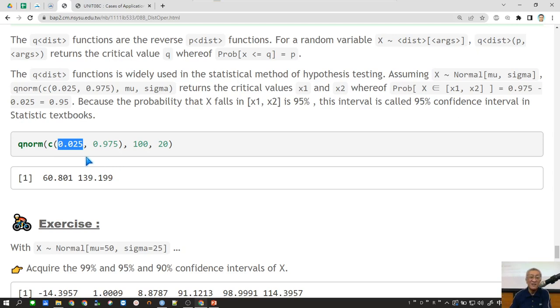So in this way, we can see that the 95% interval for this normal distribution is within this range, okay?